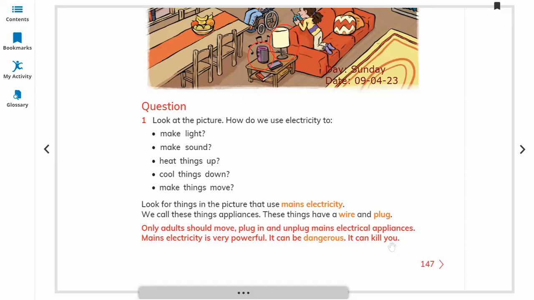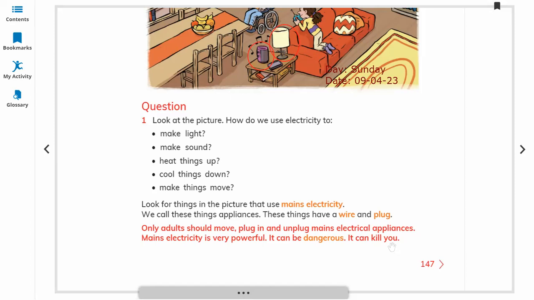So what we should do, we should be very careful while using main electricity. First of all, we should not plug or unplug things. Only an adult should use the main electricity. If it is very necessary, you should use the electricity with the supervision of an adult.